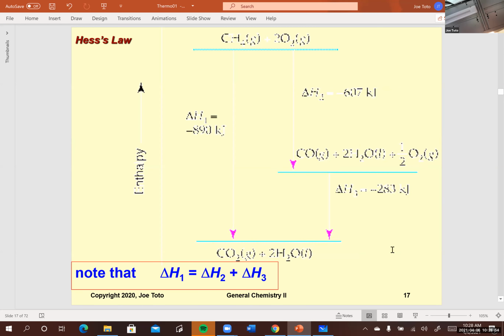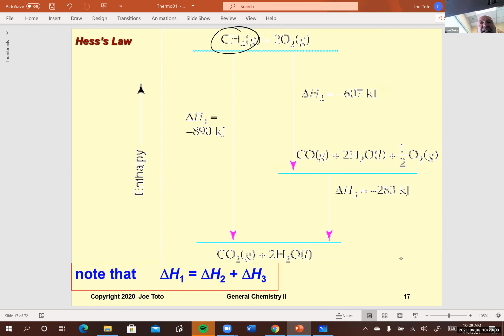This is a picture of Hess's law, maybe to give you an idea of what's going on. It doesn't come out too well on my computer, but anyway, this is methane here, and I'm going to combust it to form CO2 and water.